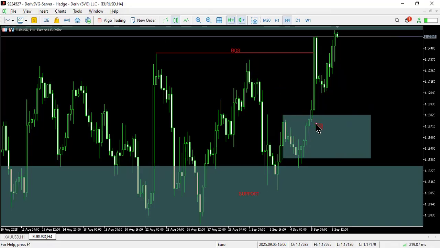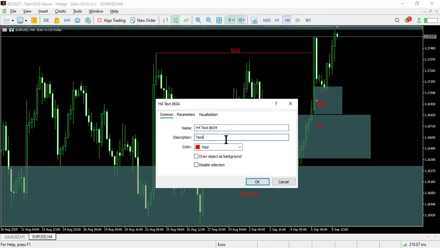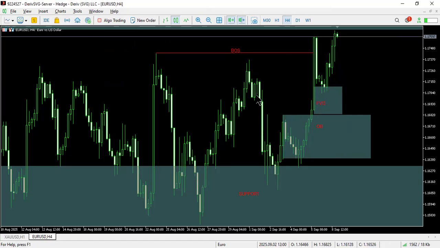That is the order block from the 4 hours. However, price did not react from the order block. Instead, it reacted from the FVG on the 4-hour time frame. Price reacted off the FVG.